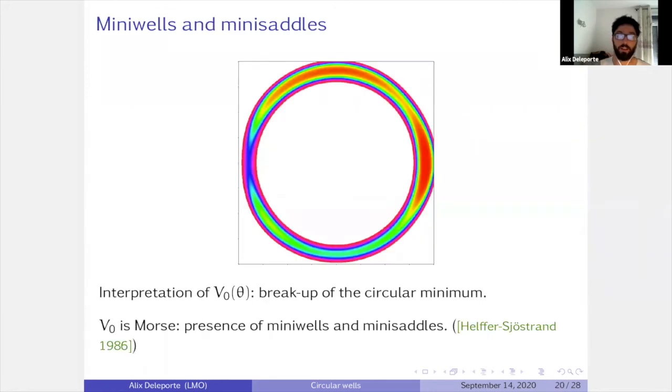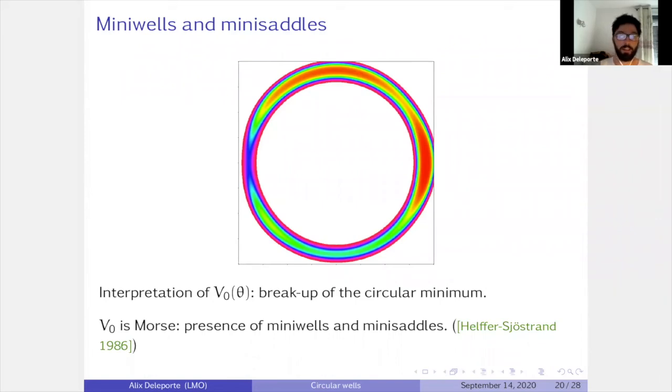Here is the picture of the phenomenon that I talked to you about: if you perturb your original function P naught, you're going to see typically a Morse function. And this is a heat plot of some nice function, which has a nice circular well, plus some small perturbation.